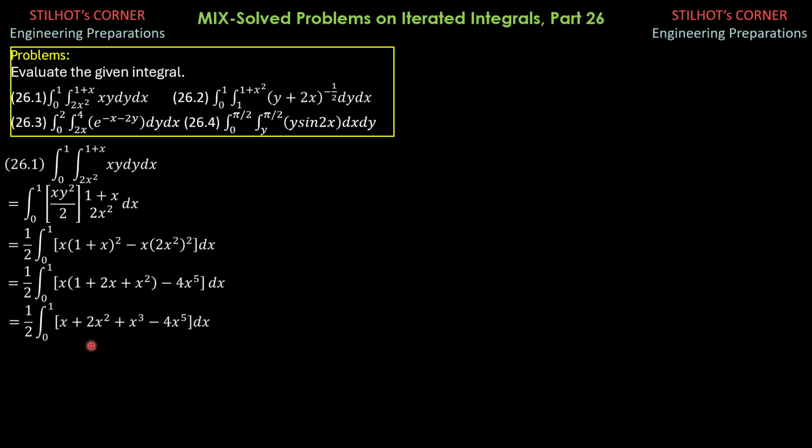So we can now evaluate this by power formula. 1 half quantity x squared over 2 plus 2/3 x cubed plus x to the 4th over 4 minus 4x to the 6 over 6, which is 2/3 x to the 6, from 0 to 1. So that would be 1 half of quantity 1 half plus 2/3 plus 1/4 minus 2/3, then lower limit 0.